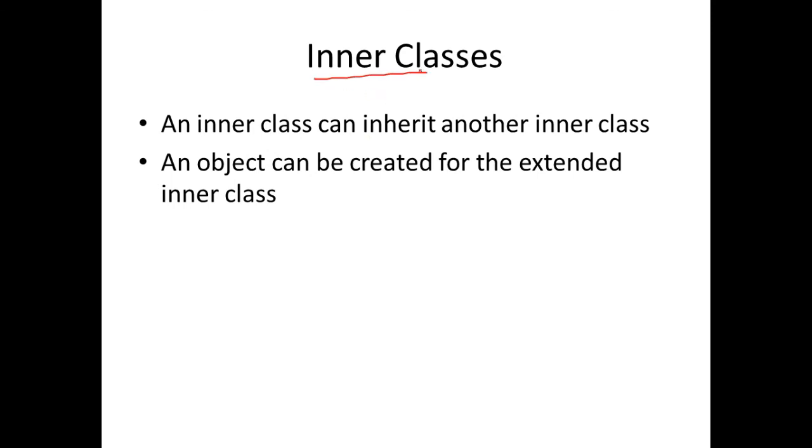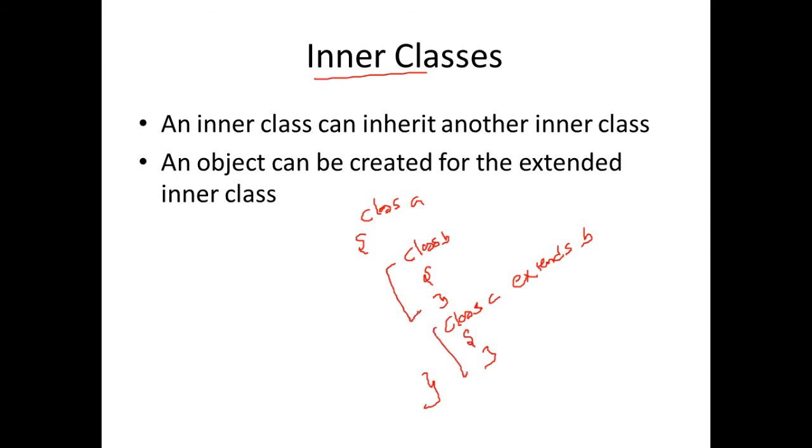And again you can also try this, you can have a class A that is like this, and you can have a nested class B, and you can have another class C, which actually extends B. So you see here these two classes are nested classes, that is part of class A, and you have a class inheriting another class, that is a nested class can extend another class, and you can go and create objects for the extended class too.